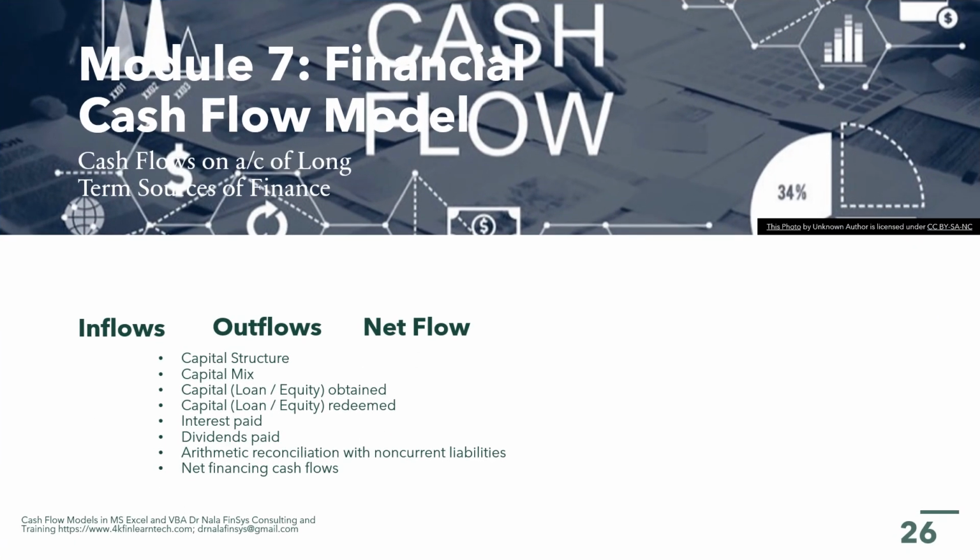Preparation of financial cash flow models involves study of the existing capital structure and proposed capital structure, information on capital that is being obtained, whether it is of loan or equity, how much of the capital is being redeemed or repaid, what is the interest cost that has been incurred and paid, what are the dividends that have been paid, and also we need to make arithmetic reconciliation with the non-current liabilities in the books of accounts.